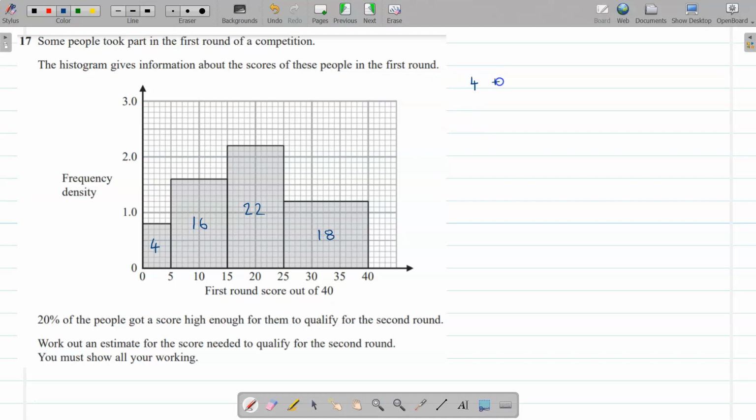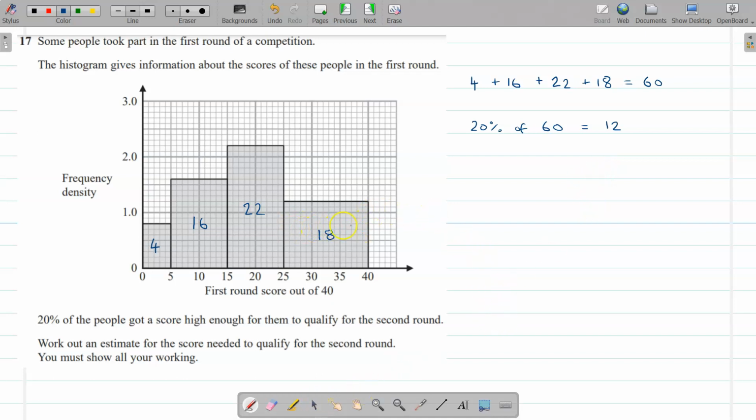So that means there were 60 people in this competition, and we need to find what 20% of that is. 20% of 60, you can do that in your head, is 12. So we've got to find where the top 12 people are.